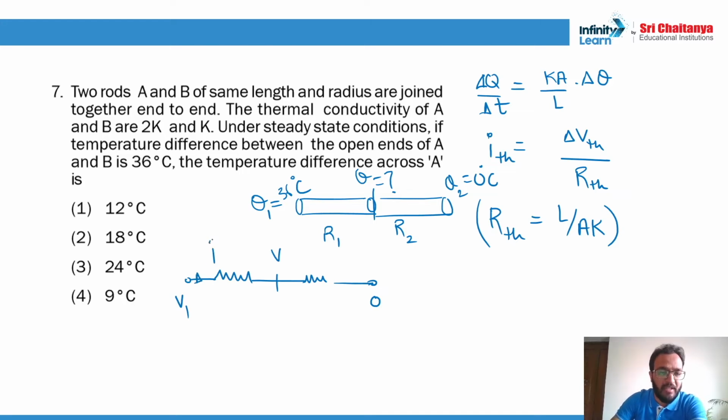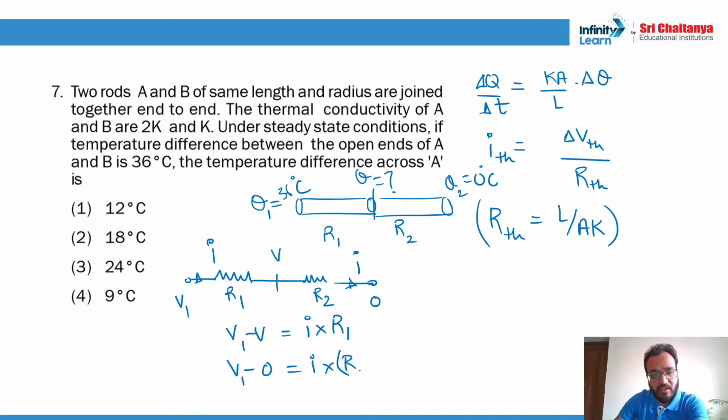See, the current will remain the same, right? So the drop here, V1 minus V, is equal to I into R1. And V1 minus 0 is I into the overall resistance R1 plus R2.